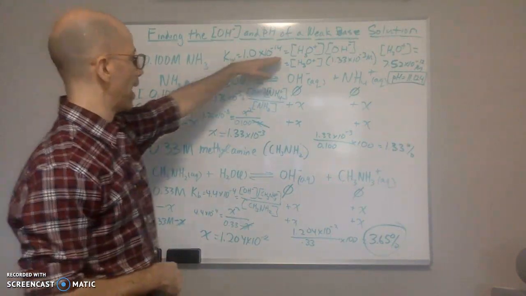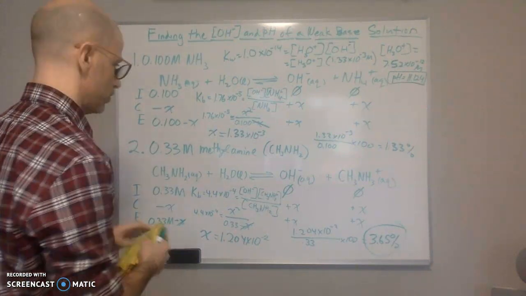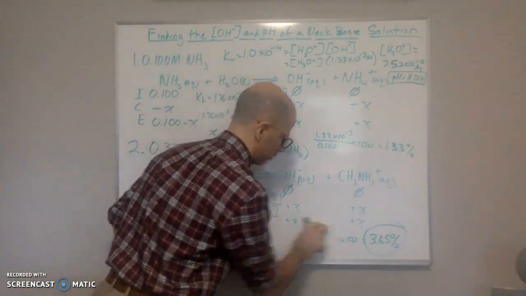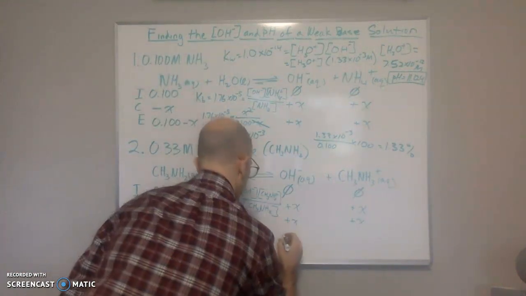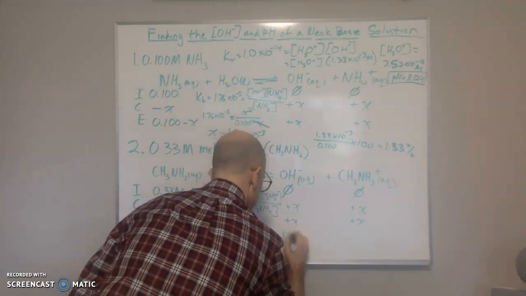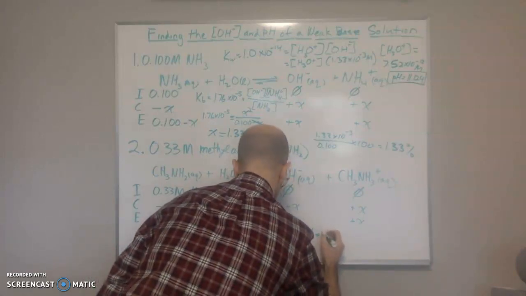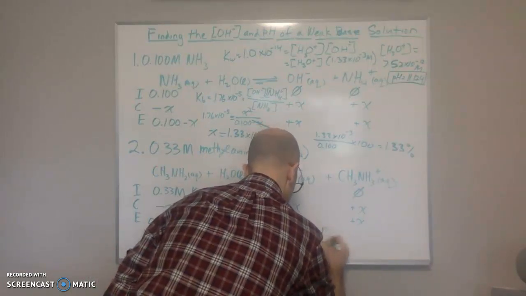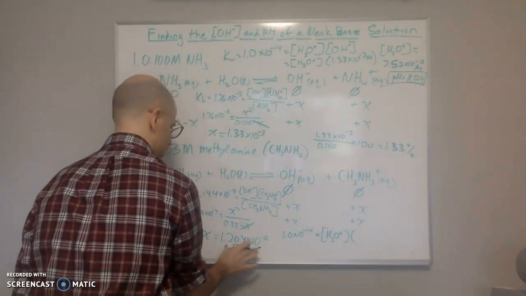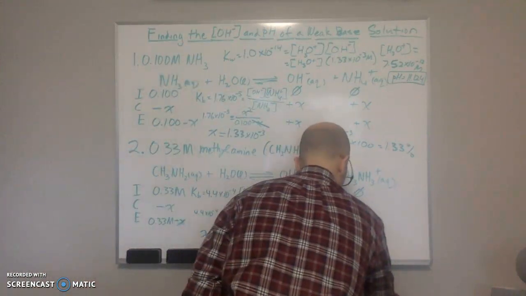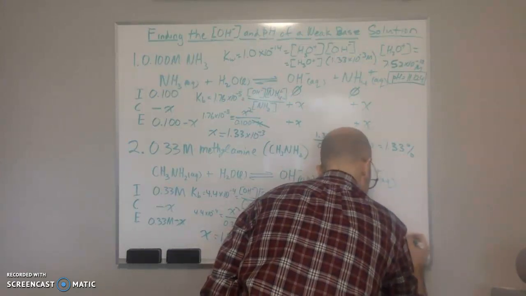What we need to do is then go back here and use that equation again. So here I'll erase this. And so we get Kw is 1.0 times 10 to the negative 14. That's going to be equal to the H3O plus concentration multiplied by the OH concentration, which is this, 1.204 times 10 to the negative 2.